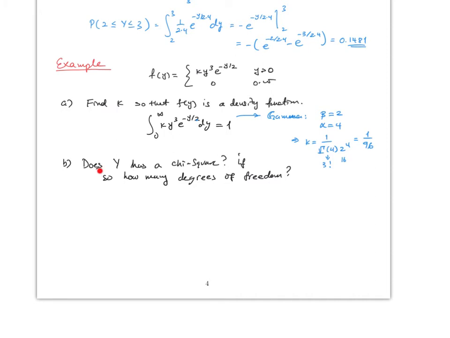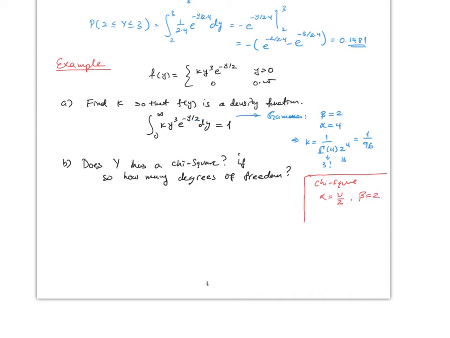The question says that y has a chi-square distribution. Remember, the chi-square is a specific case of the gamma distribution. If so, how many degrees of freedom do you have? Well, let's see if this is the case. Recall from the previous page that to be chi-square, alpha has to be equal to nu over 2, and beta has to be 2.